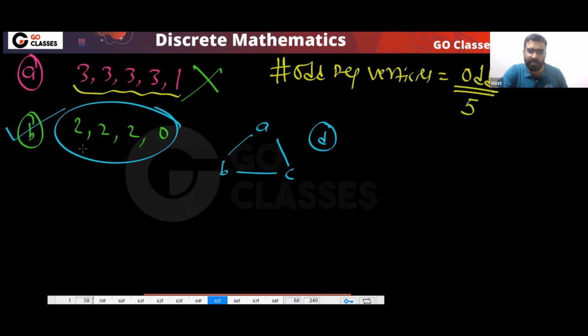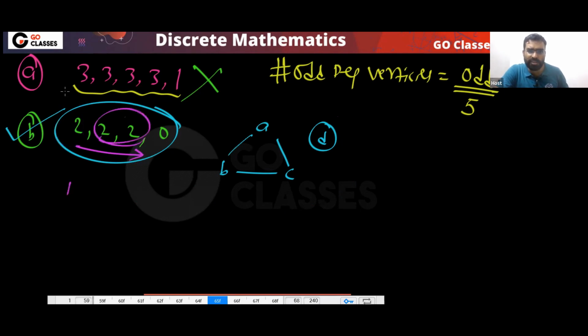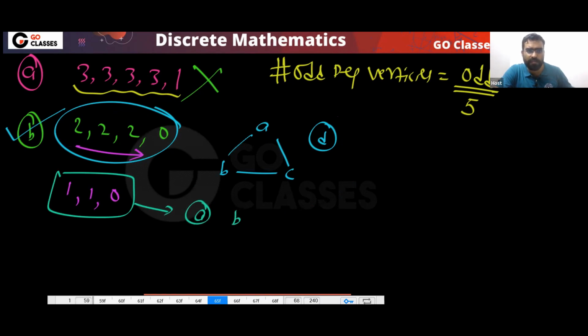You will delete these two, so from the next two vertices you will delete 1, 1, and now you can stop. This will be A, B, C.